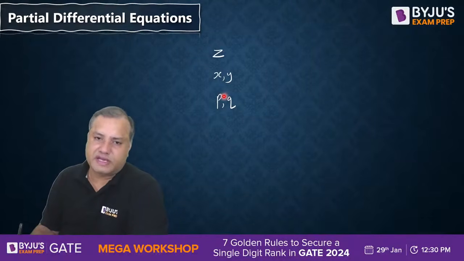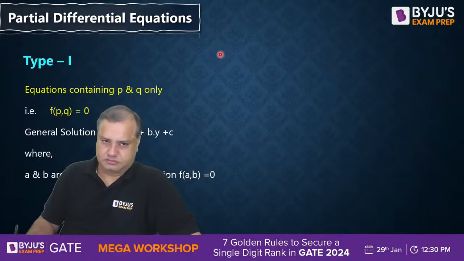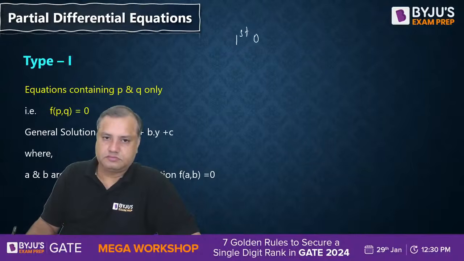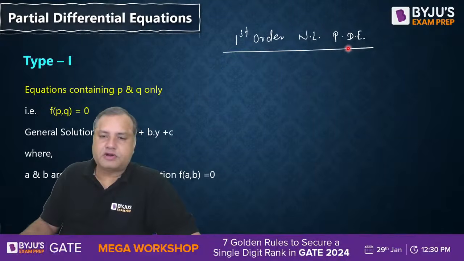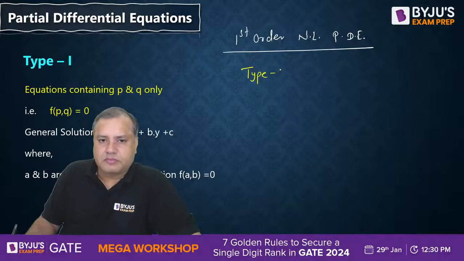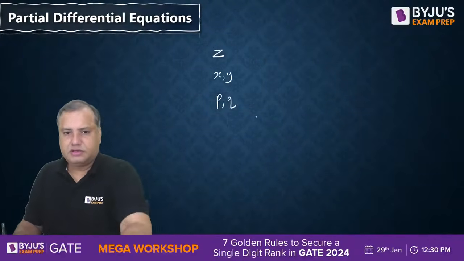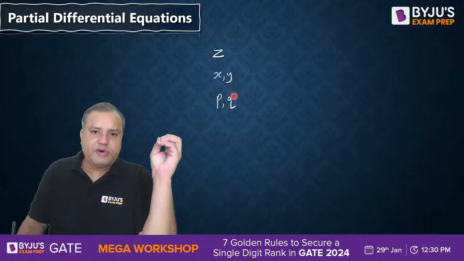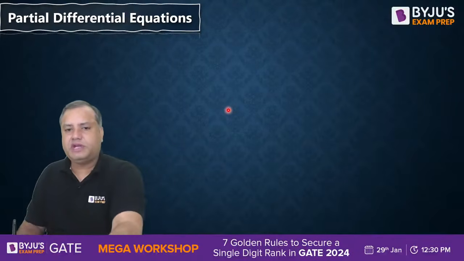we have got 4 different cases. When we talk about type 1 first order nonlinear PDE, out of these 5 parameters, the equation is containing only p and q.